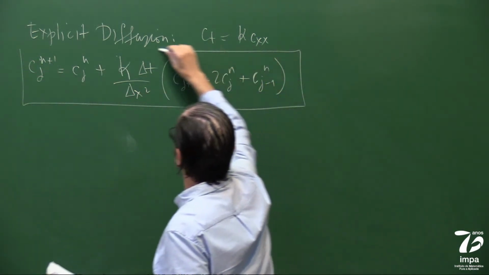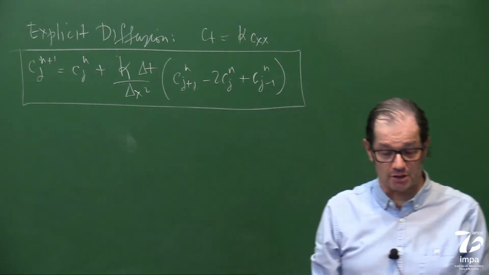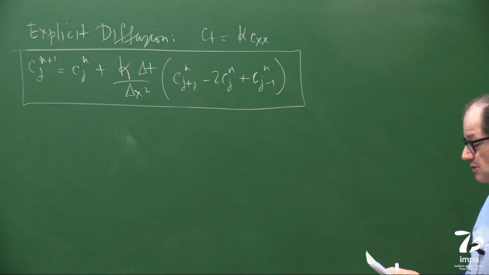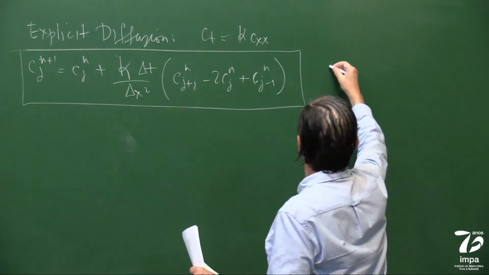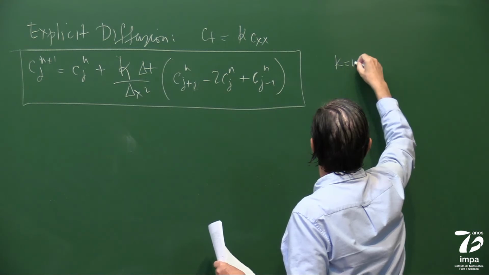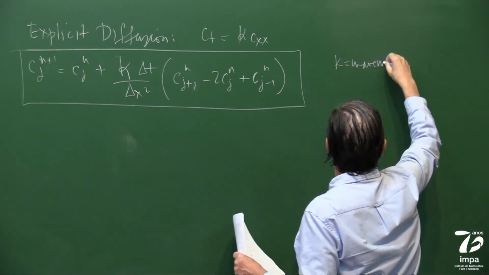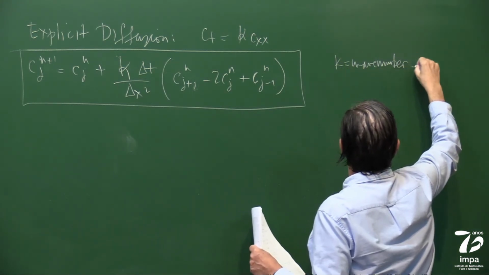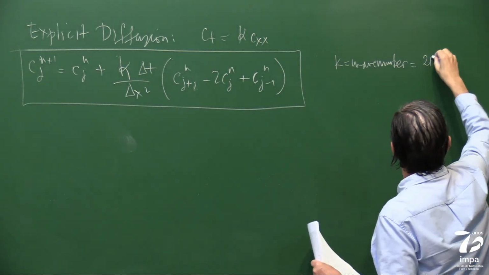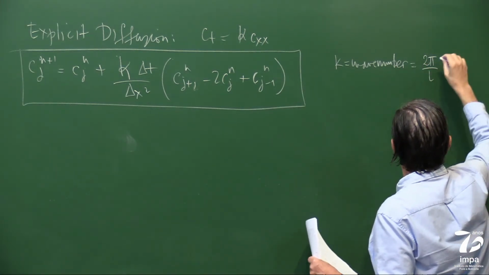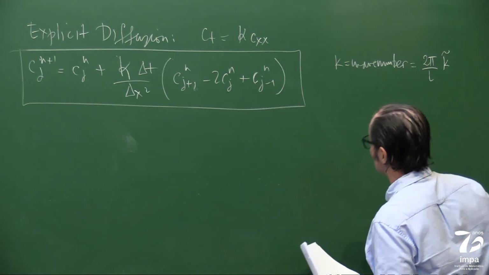So the question now is, what is the restriction for delta x, delta t? Okay. So I'm going to have the wave number, which will be 2 pi over L, k tilde.